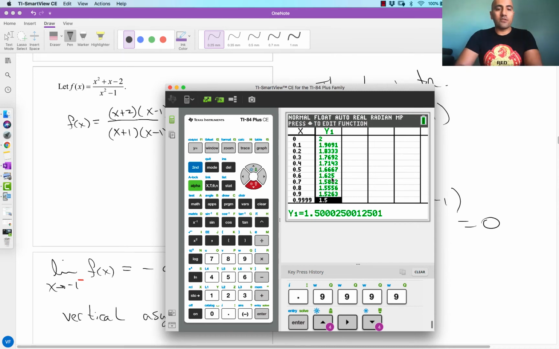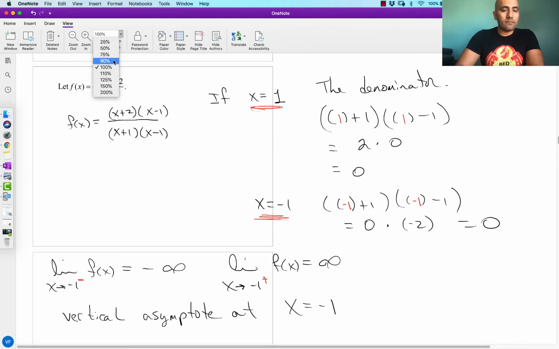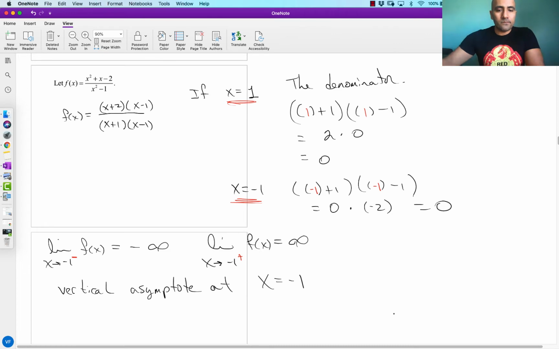So based on this work, I feel confident in coming back over here and saying that the limit as x approaches 1 from the left-hand side of this function is equal to 1.5. The limit as x approaches 1 from the right-hand side of f of x equals 1.5.